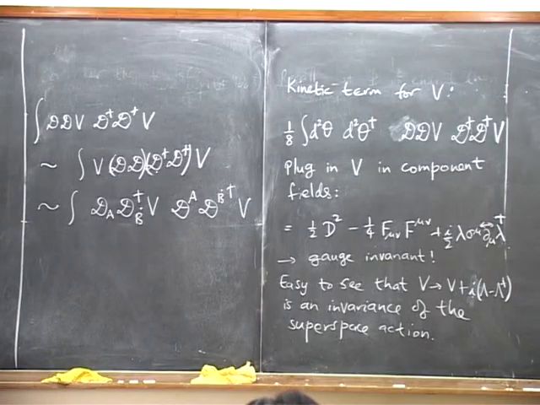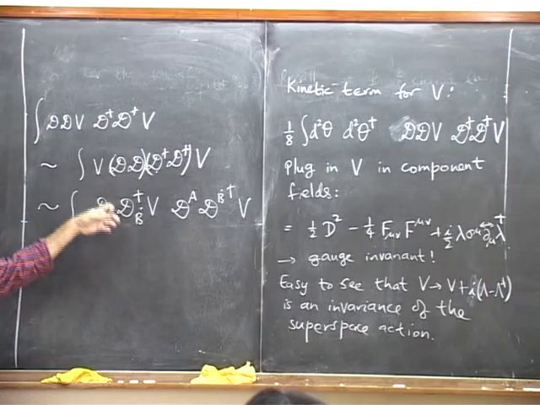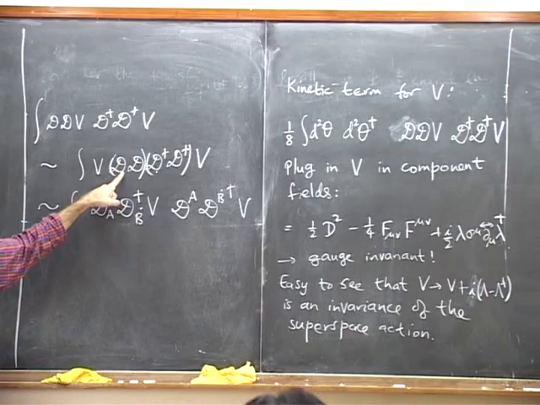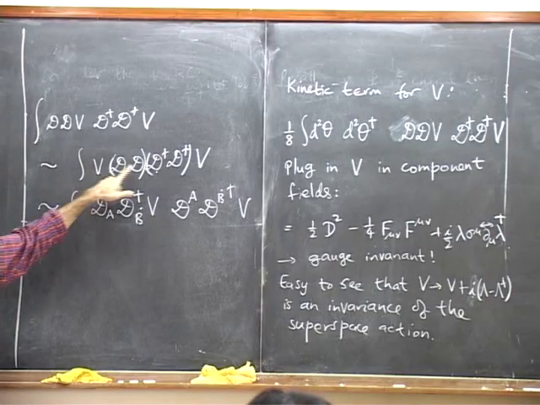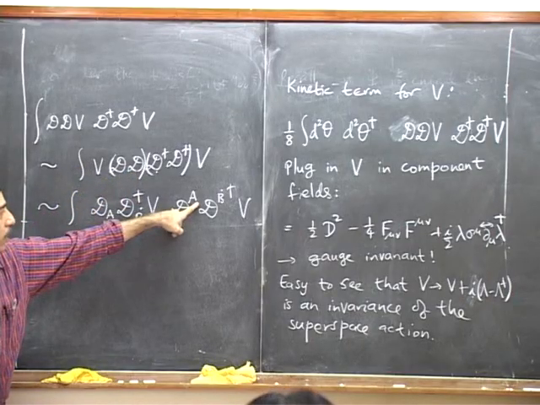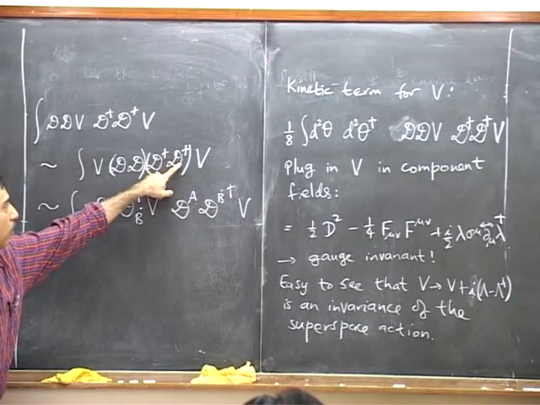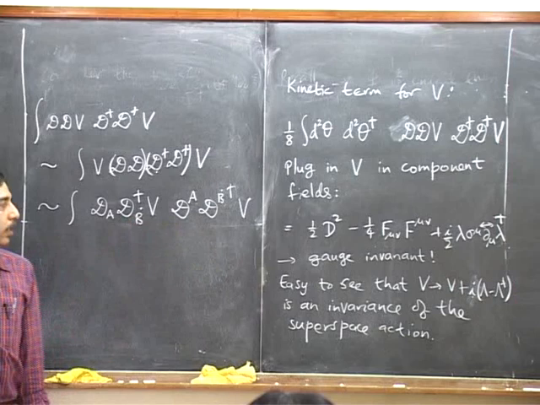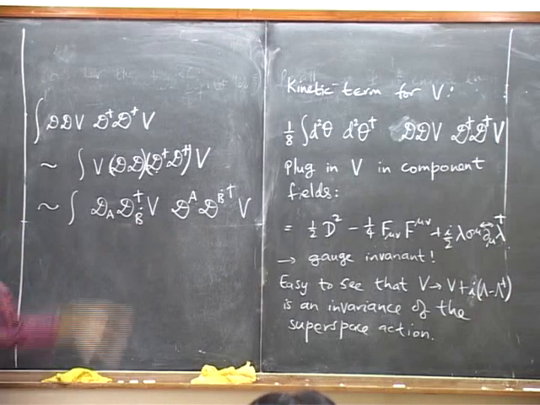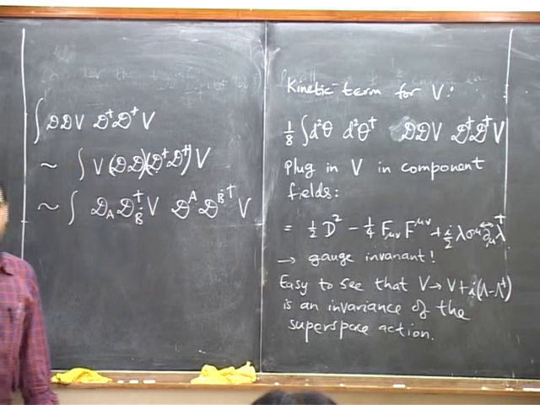As I said, I can't absolutely swear that there is not a minus sign somewhere, but it's otherwise the same. To achieve this, I would have to send one of these D's and one of these D daggers there. But since the two D's were contracted, they have to have the same index A, and since the D daggers were contracted, they have to have the same index B dot. And then you have to worry a little about which one is raised and which one is lowered, but these are all equivalent and all correct.